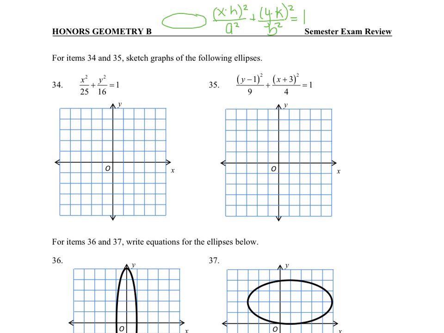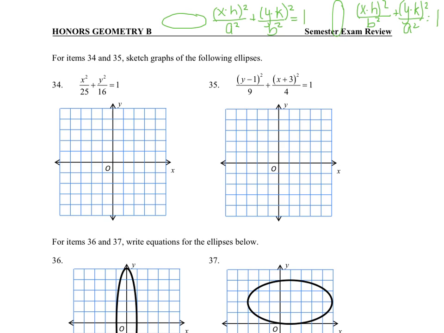The other one we have is a vertical ellipse, and that's of the form (x minus h) squared over b squared plus (y minus k) squared over a squared equals 1. So again, our a giving us our vertices is under the y, so our major axis is going to be vertical. It's going to be parallel to the y-axis.